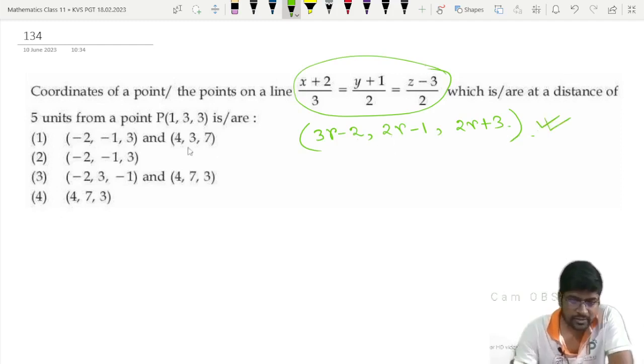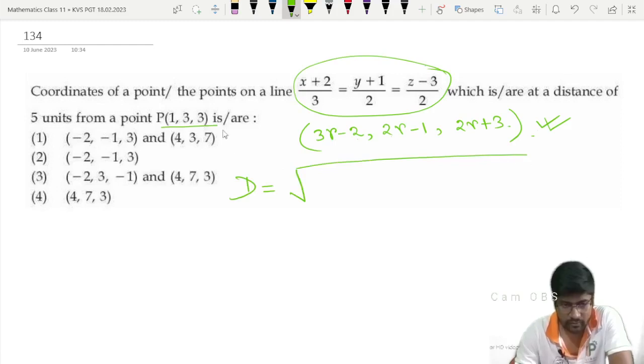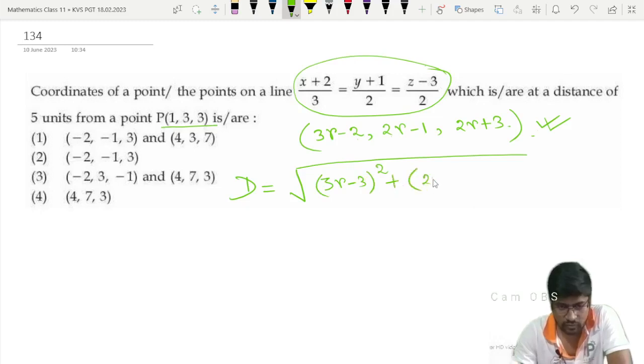Now the distance of this point from the point P 1, 3, 3 is 5 units. So the distance, let me write d, will be equal to root over of 3r minus 2 minus 1, that means 3r minus 3 whole square, plus 2r minus 1 minus 3, so 2r minus 4 whole square, plus 2r plus 3 minus 3, so 2r whole square.